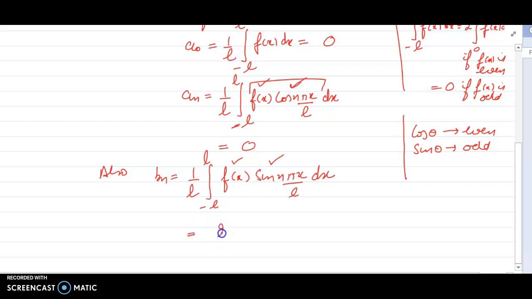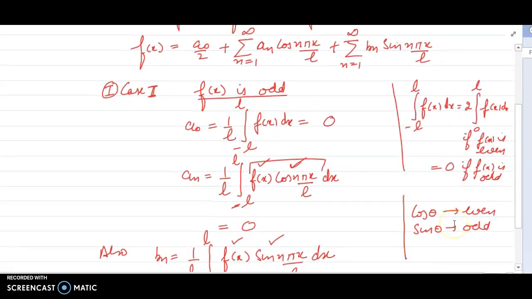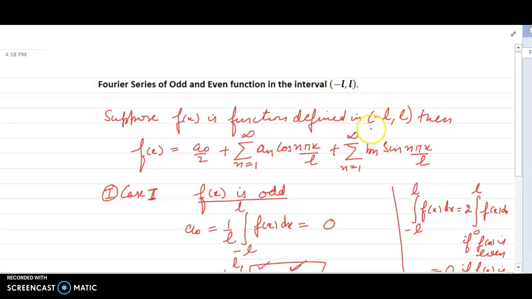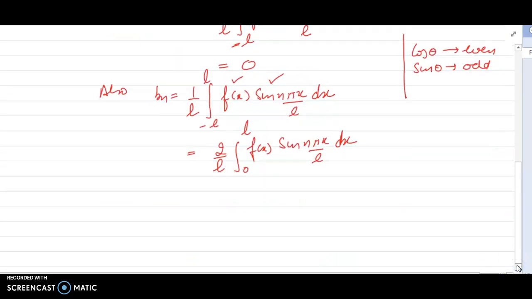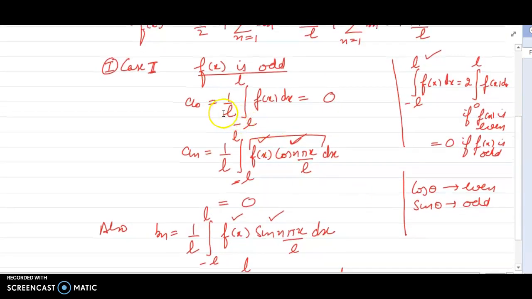So I can write it as 2 by L integral from 0 to L f x sine of n pi x by L dx. Fine. Means if f x is odd and our interval is, pay attention, minus L to L, we can use this concept only if our interval is of the type minus L to L.